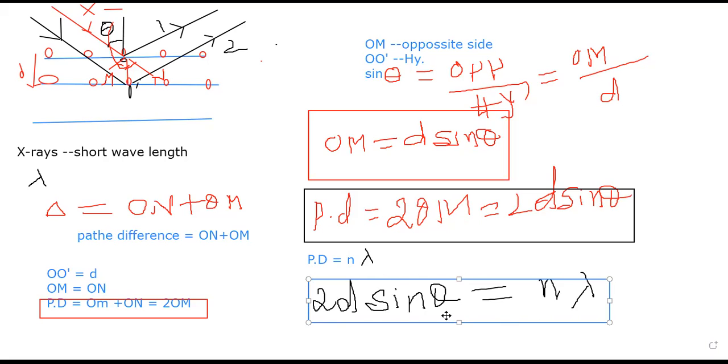Here theta is the angle of incidence, d is the interplanar distance, lambda is the wavelength, and n is the order of the fringe. So this is about Bragg's law. The next lesson is about Bragg's spectrometer, and how to identify the crystal structure using that spectrometer. This is the next topic.